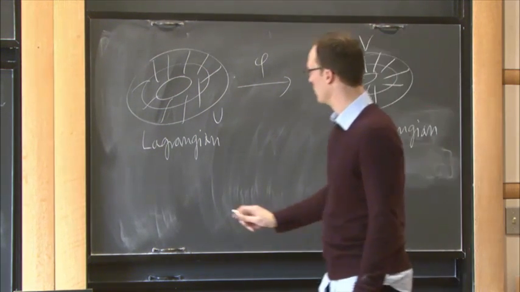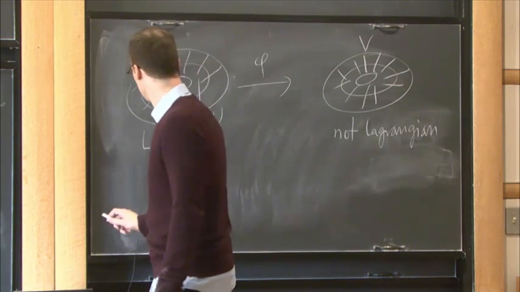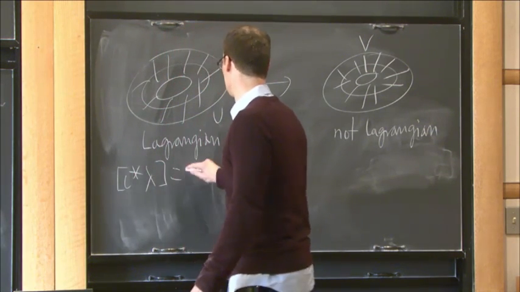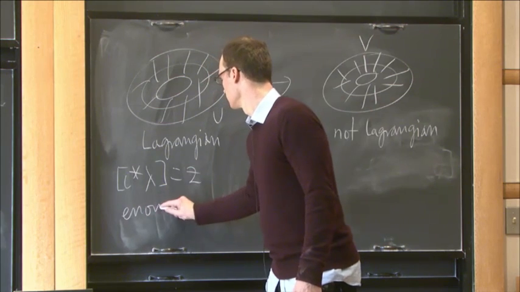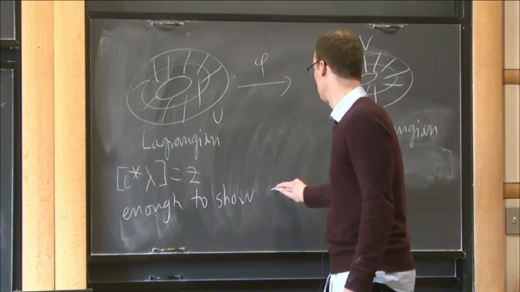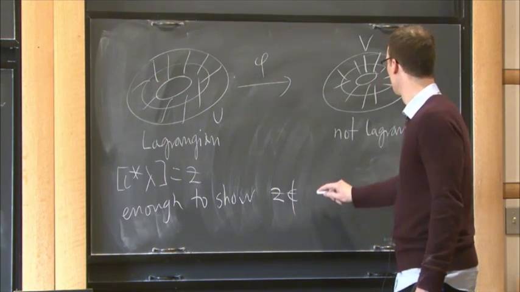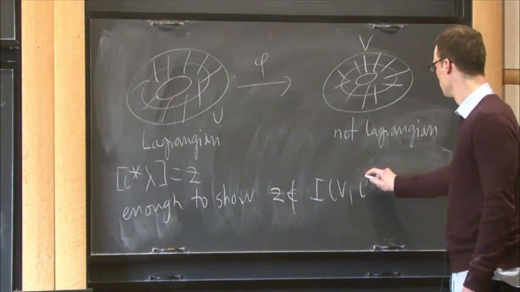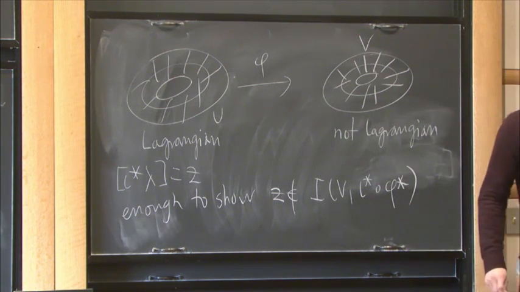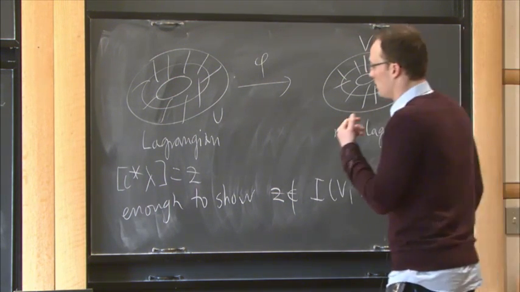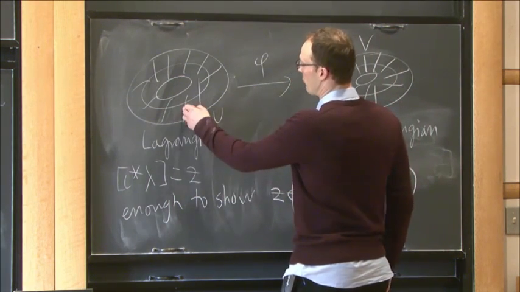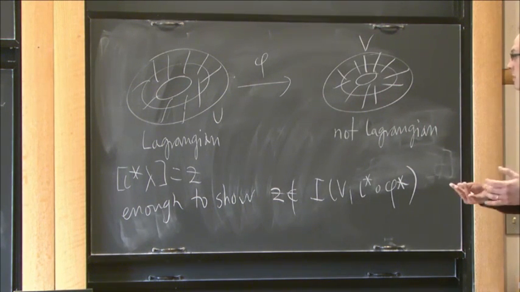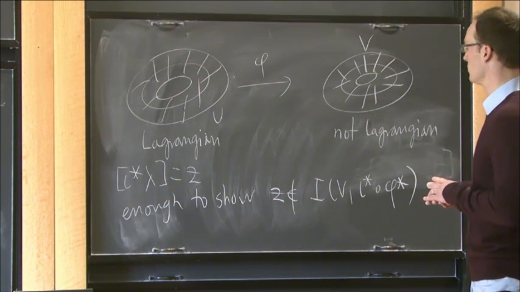This is V. And what I'm going to show is that this vector here is in the shape of U, and if I can show it's not in the shape of this neighborhood V, then phi doesn't preserve shape, and that's the converse to the first part of theorem 4.